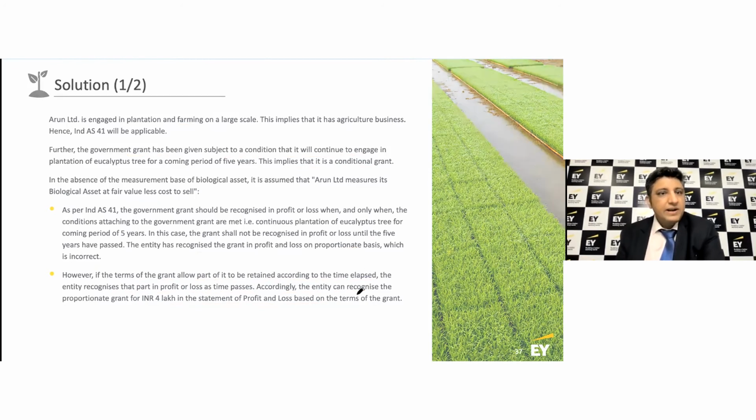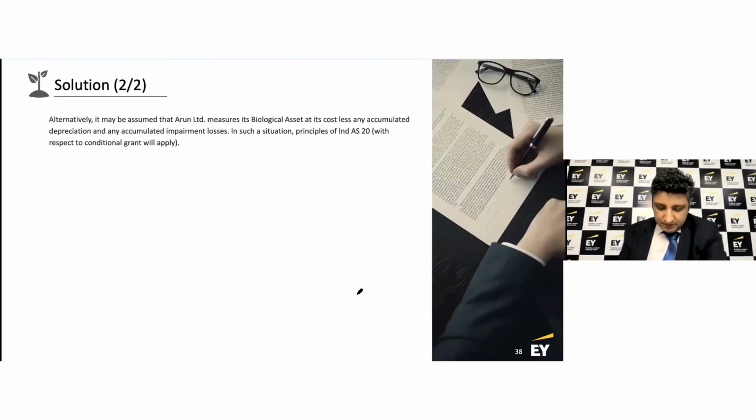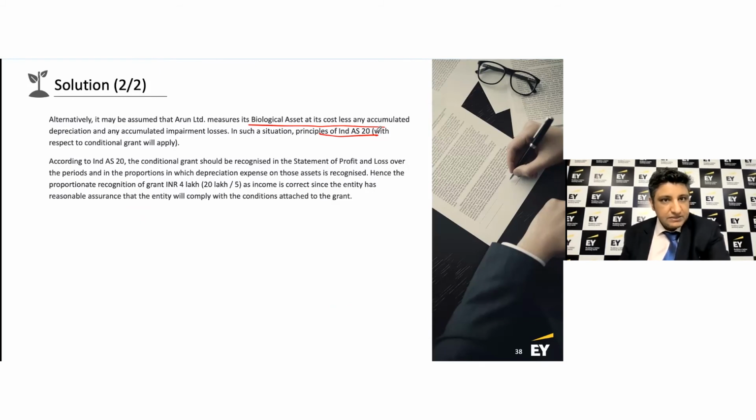Alternatively, it may be assumed that Arun Limited measured its biological asset at cost. Then whatever accounting treatment the company has done would be applicable, and it would be the right treatment.